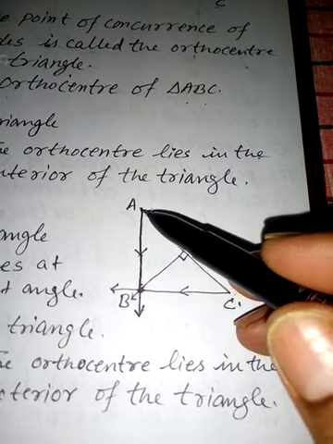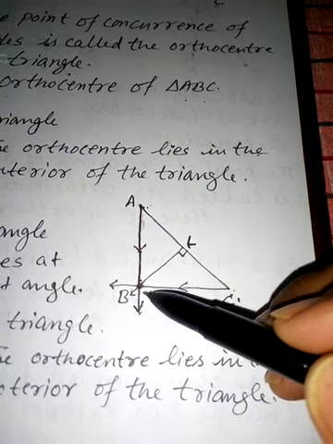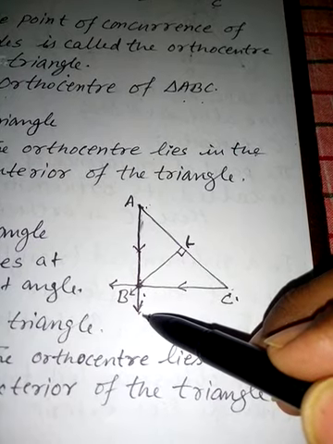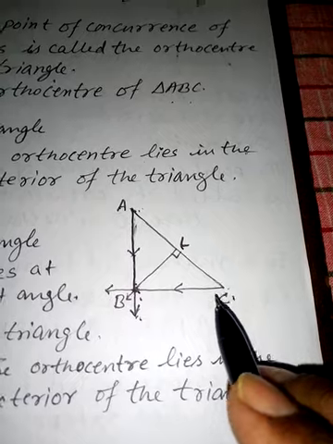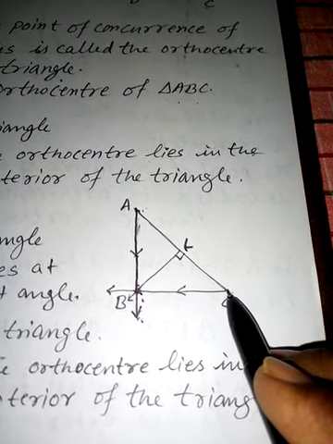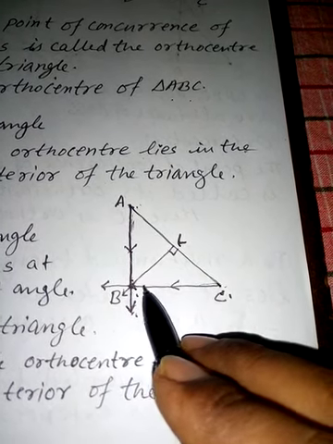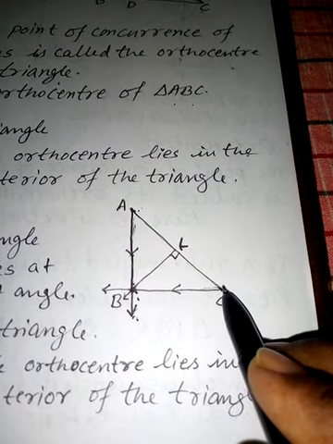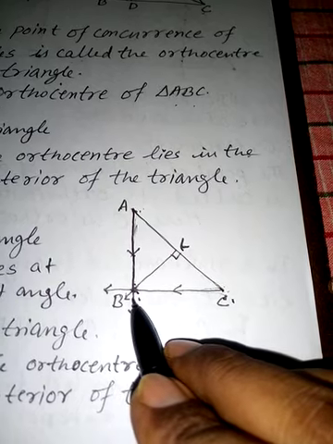We get the same line as AB and the altitude go through the point B. Again, when we are going to draw the altitude from vertex C, then we can see that the altitude coincide with the side CB and go through the point B.